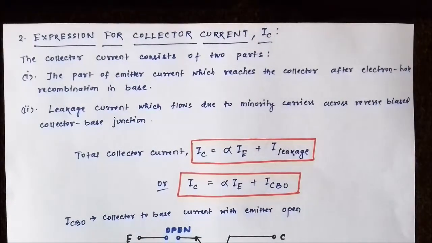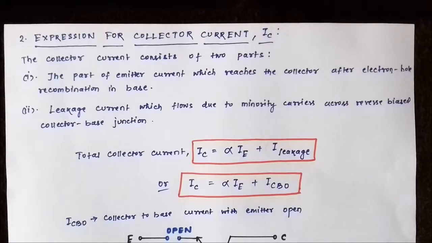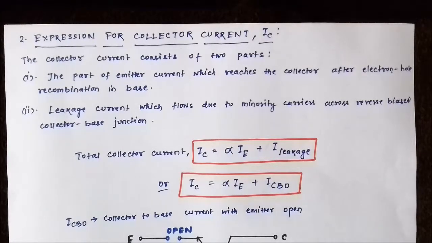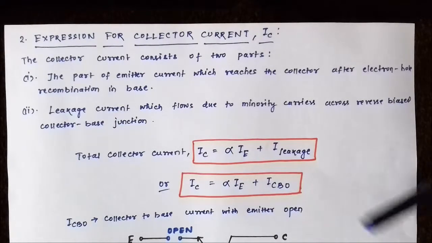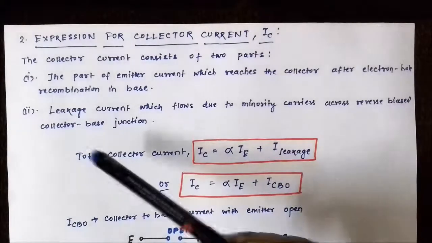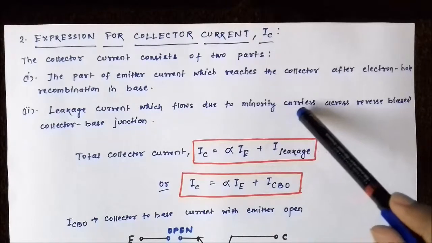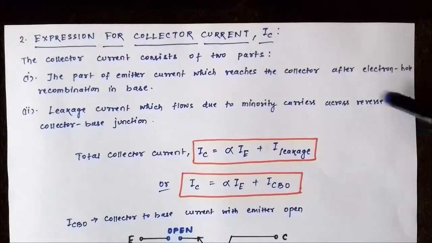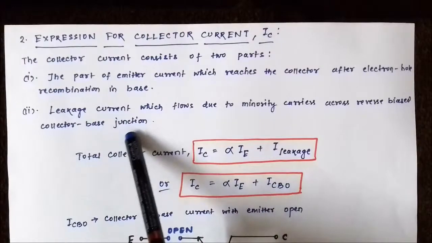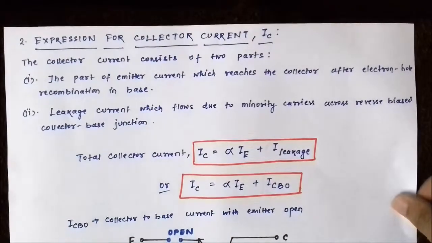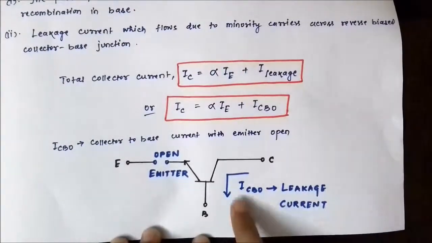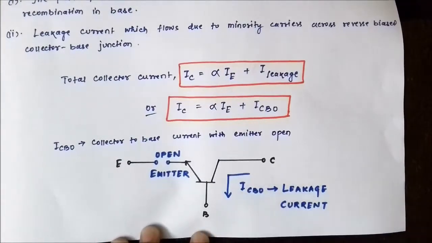The second part is because of the leakage current. The leakage current is because of the minority carriers. For NPN type BJT, the minority carriers are holes. For PNP type BJT, the minority carriers are electrons. So this leakage current flows due to minority charge carriers across the reverse bias output junction, or the collector base junction.